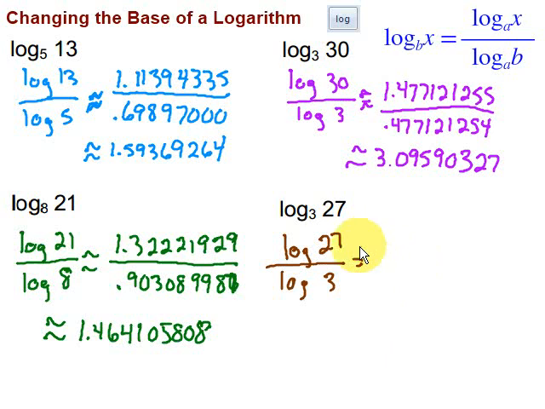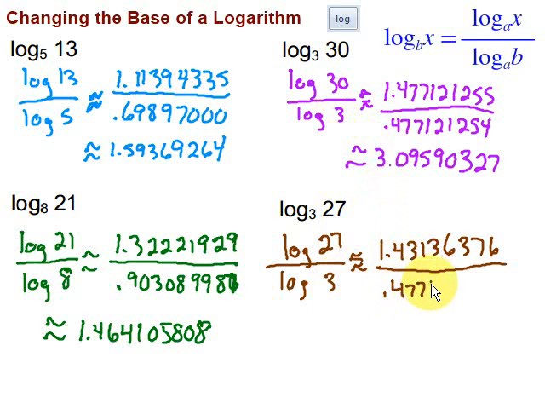We get 1.4313676 all over the log of 3. Hey, I just did that up there, so I can just go ahead and write that down here. 0.477121254.